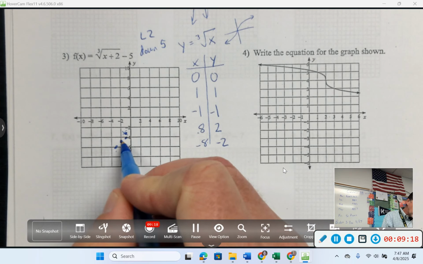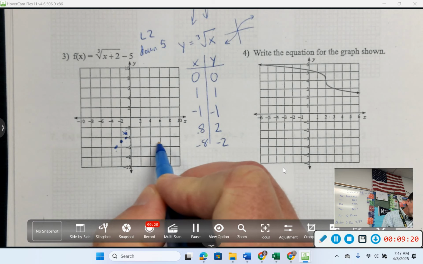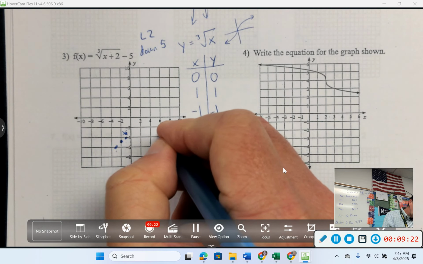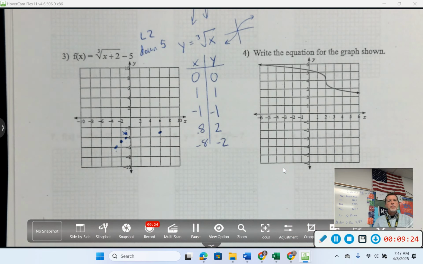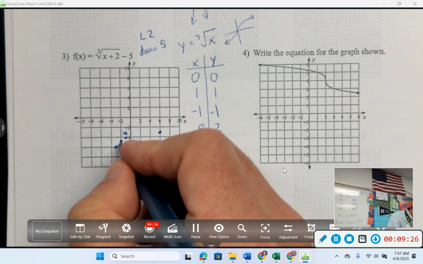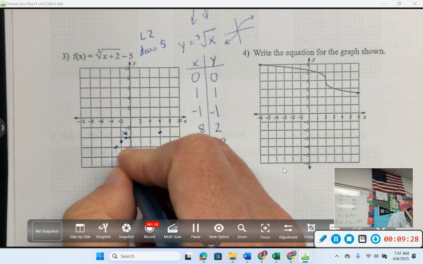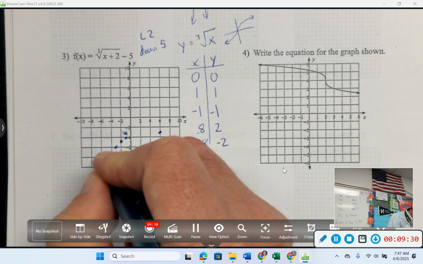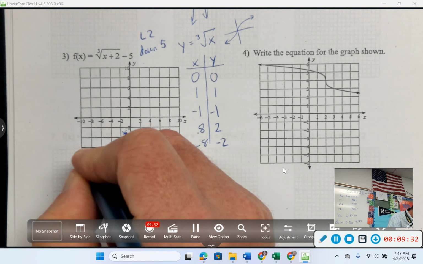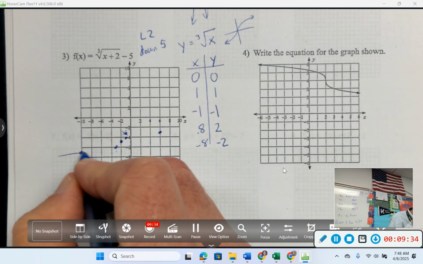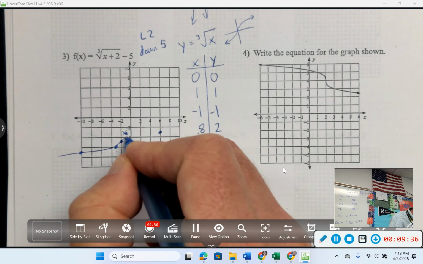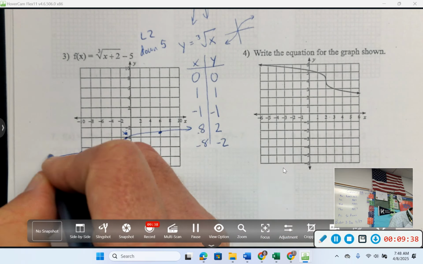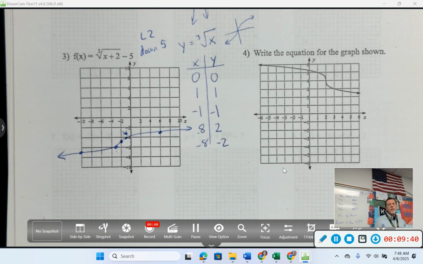So from there, 2, 4, 6, 8, up 2. And then down 2 and back 8. 2, 4, 6, 8. So it's kind of the same shape as cubed, it's just been turned on its side.